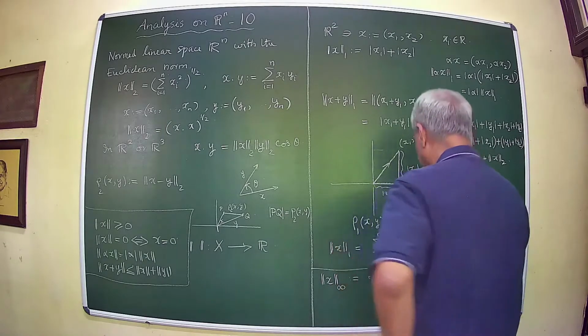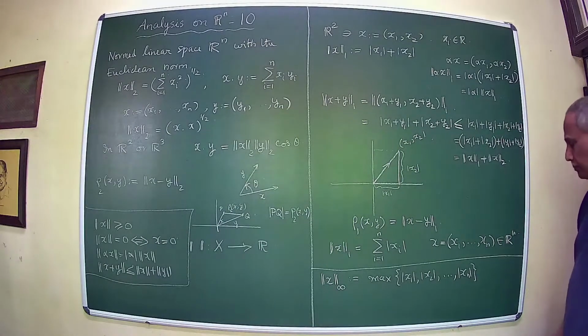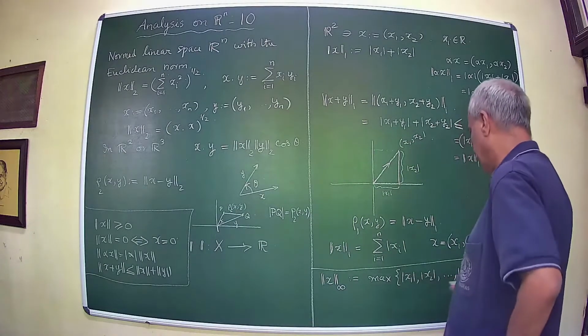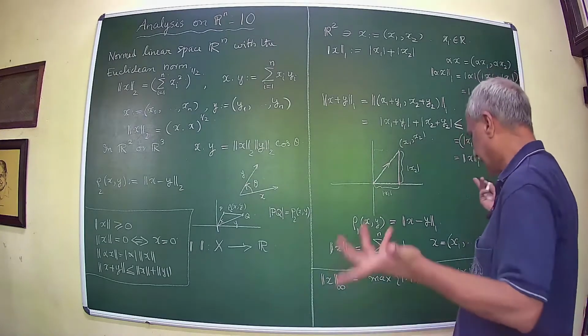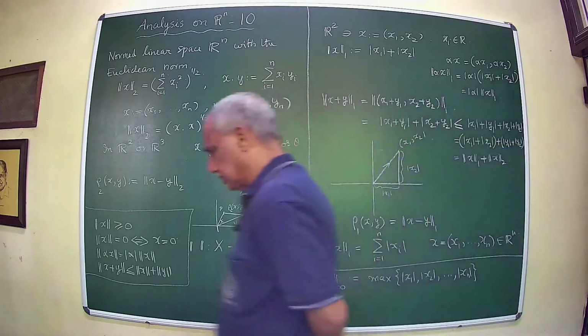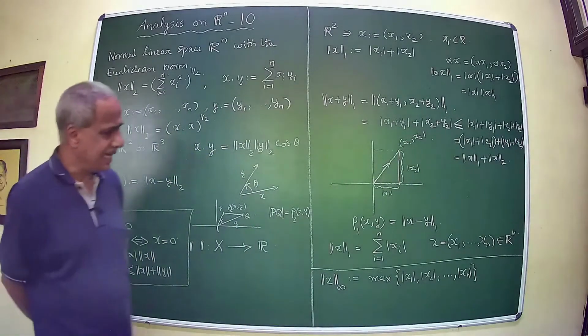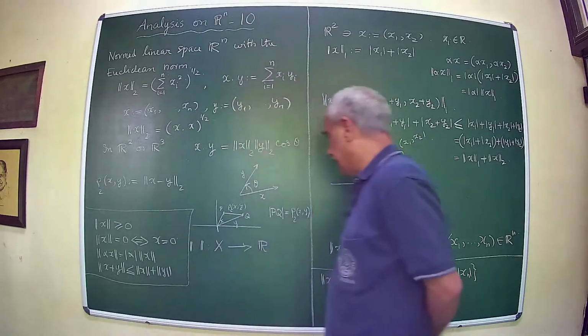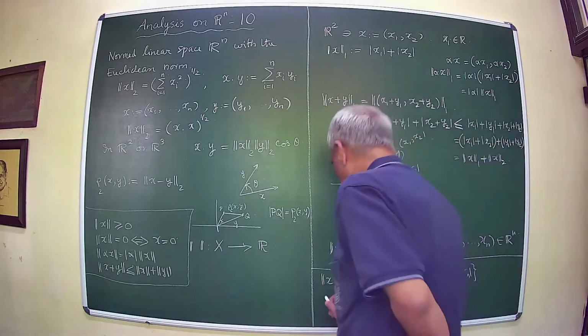I can use maximum here because there are only finitely many numbers. So you take mod x1, mod x2, etc., mod xn and see what exactly is the maximum of this. That will give the distance. Once again, you can easily verify that. It's a good exercise. Show that.